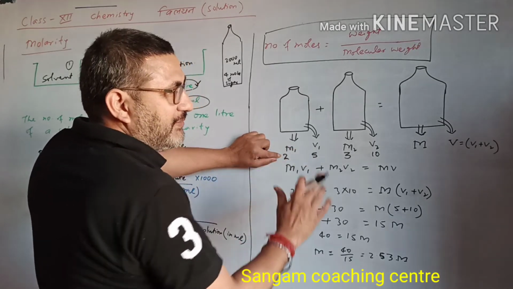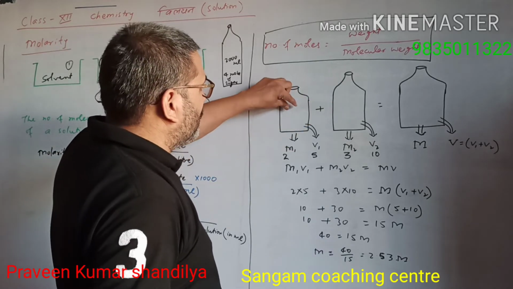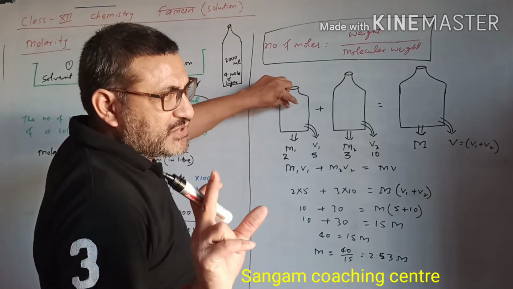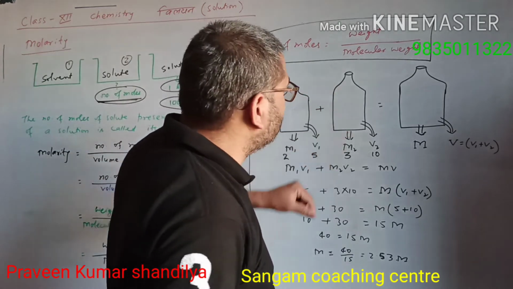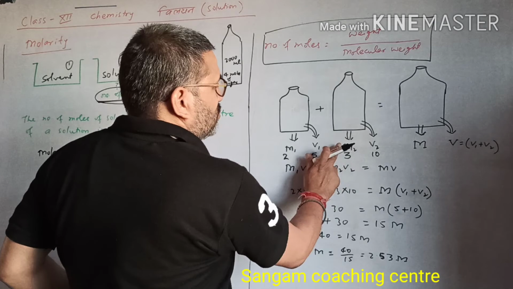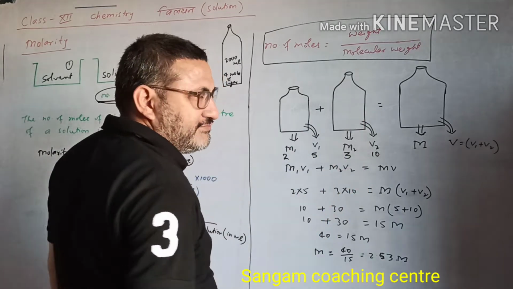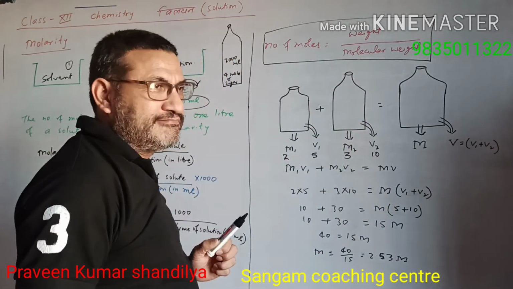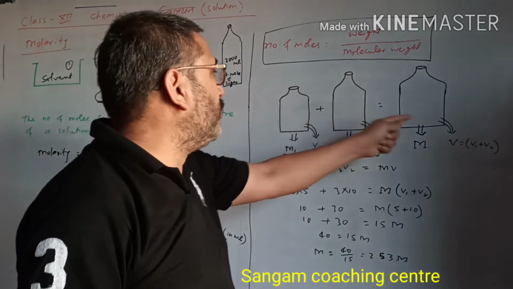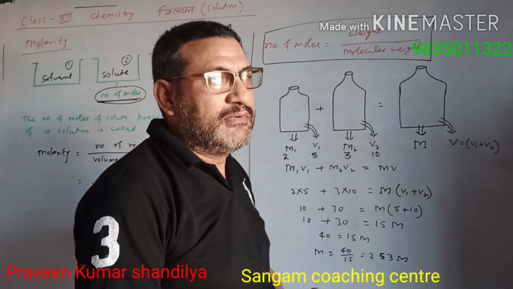Another bottle of syrup, sarbat, its mithas, its sweetness is 3 and its volume is 10 liter. When both are added in one bottle, what will be its volume and what will be its mithas?